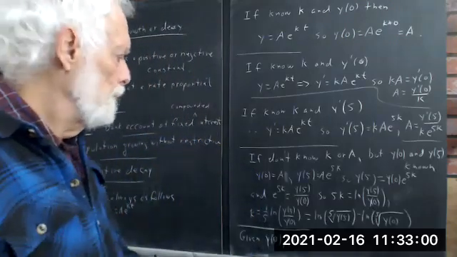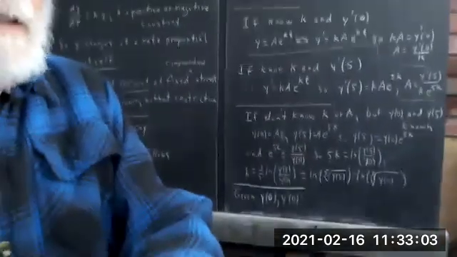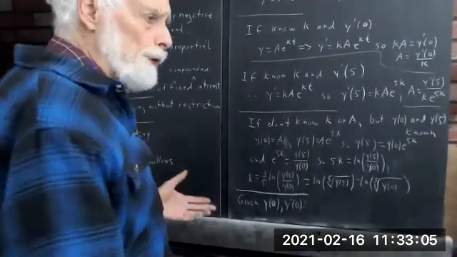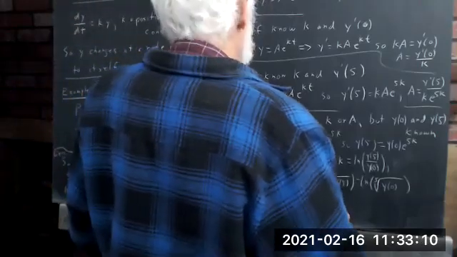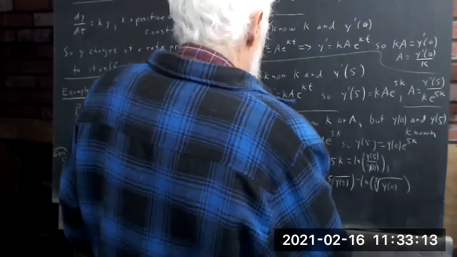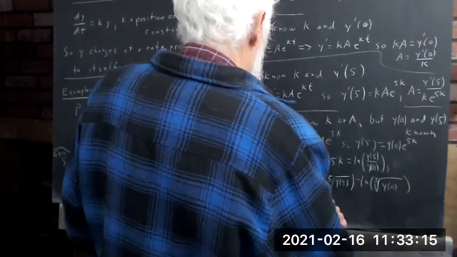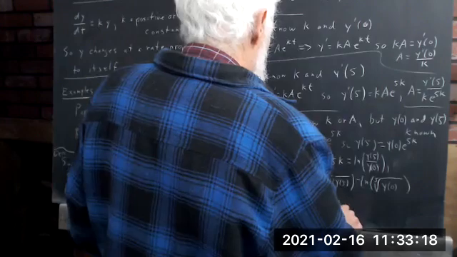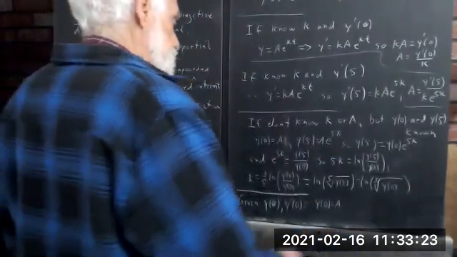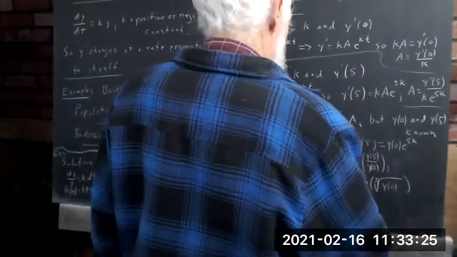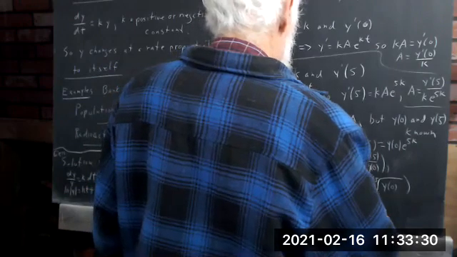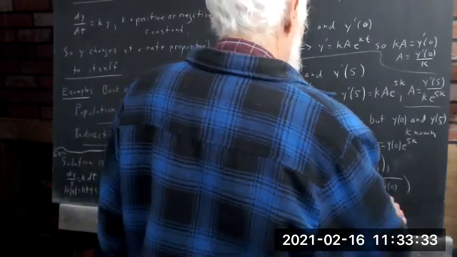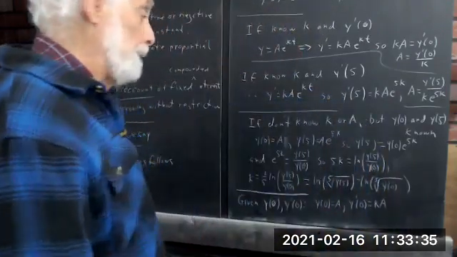Then you're going to have two equations: y of 0 equals a, and y prime of 0 equals ka.